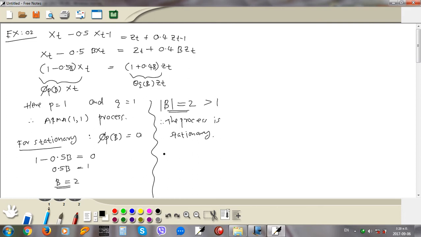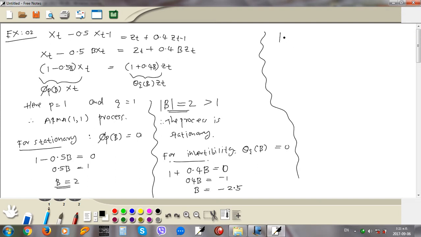Now we have to check for invertibility. So how we can check for invertibility is, now we have to consider the other part, that is the moving average part. It means theta q B we have to equate to 0. Theta q B means this part, 1 plus 0.4 B equals 0, then 0.4 B equals minus 1, then B equals minus 2.5.